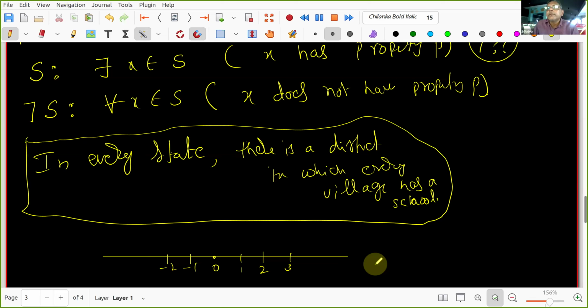Harit Panwar. 22/7. You are all telling rationals only. Muskan. Sir, 4.2. Nice. Kunal? Pi. Pi, very good.